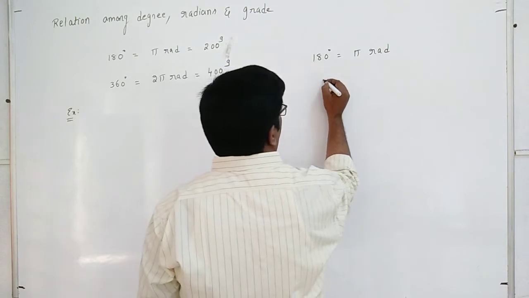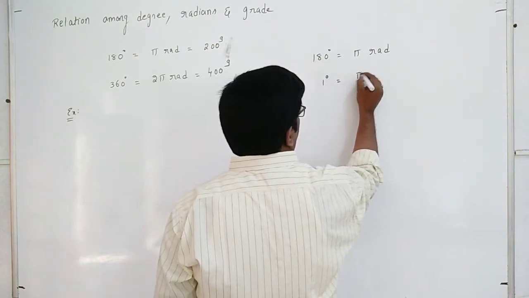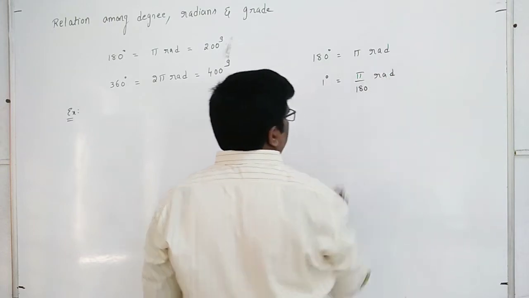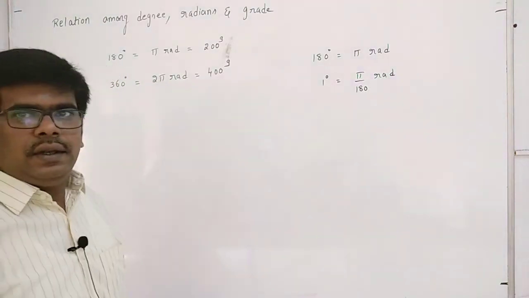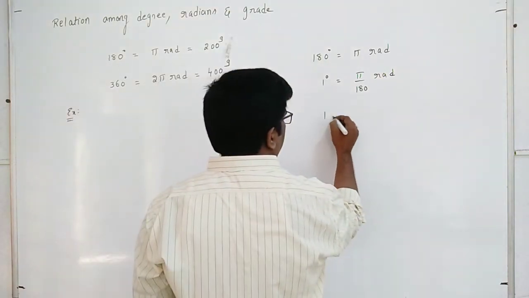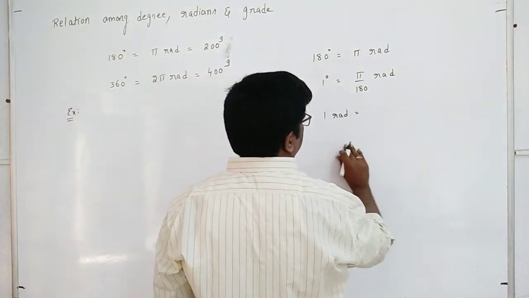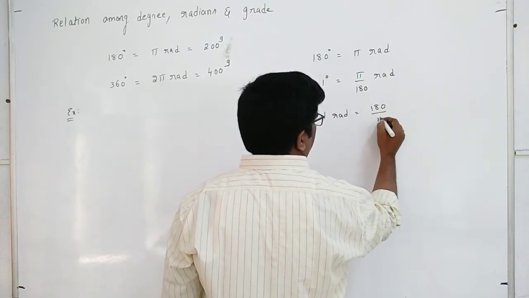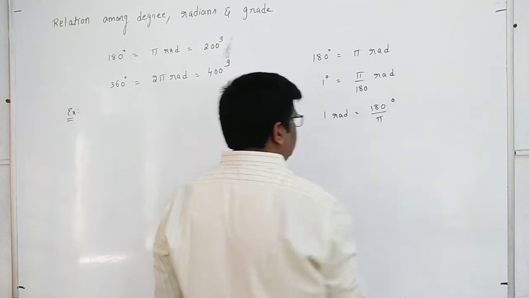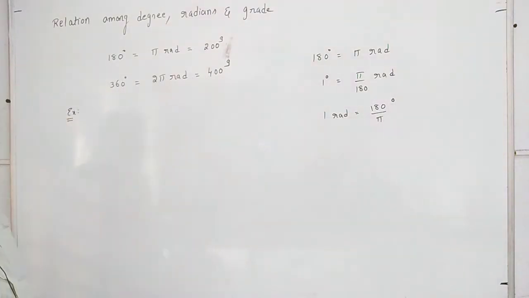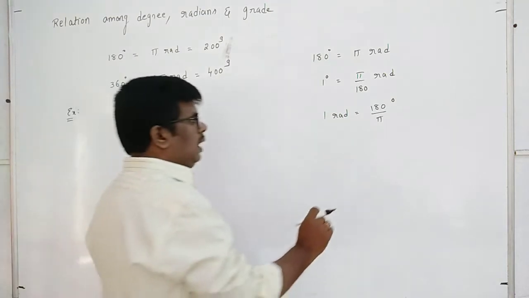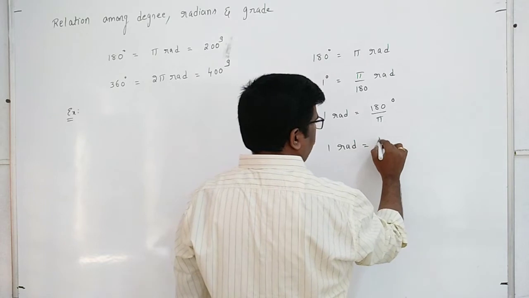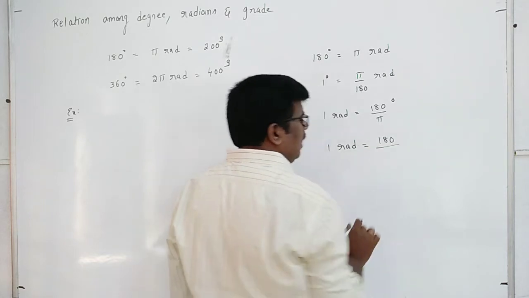Then 1 degree is equal to pi by 180 radians. Or else you can also write 1 radian is equal to 180 by pi degrees.